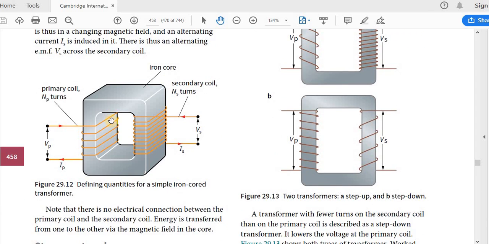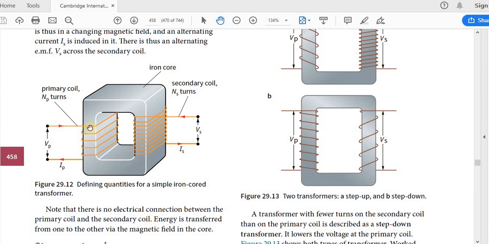And if you are asked to draw the magnetic field in here, you will have to draw it like this. All the magnetic field lines pass through the iron core. So let's say we have magnetic field like this. Now here you can use the right hand grip rule for solenoids. So if you have a north pole here and a south pole here, the magnetic field lines will be going like that.